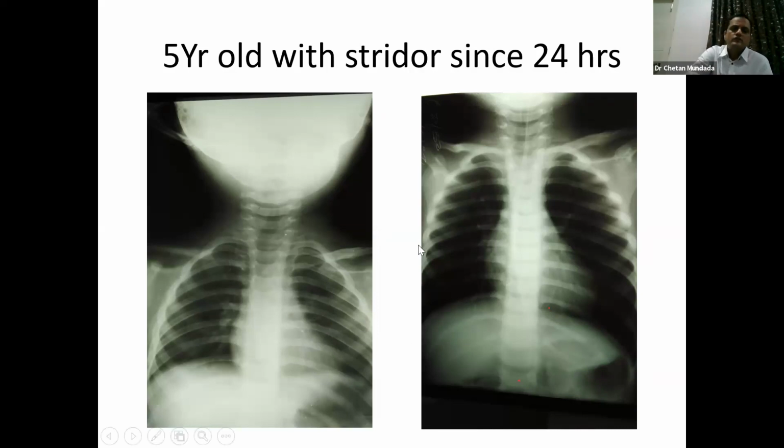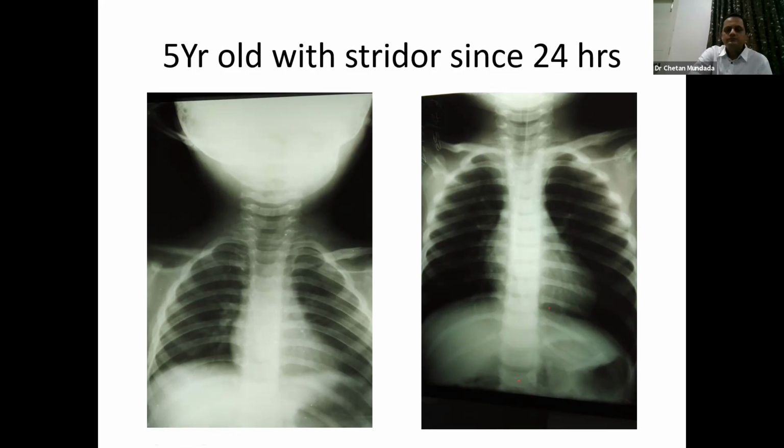Because the respiratory distress was increasing and the child had increasing stridor, he was sent to a government ENT hospital. There they took a lateral X-ray, and because they didn't have a pediatric backup, they asked to shift the child to a pediatric hospital, and the child landed up with us.